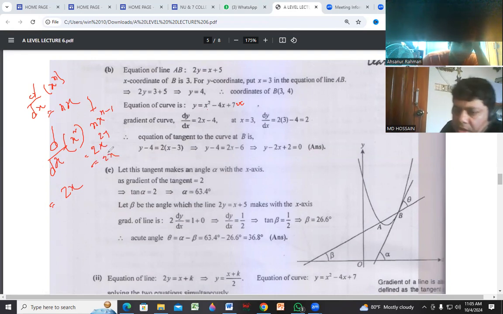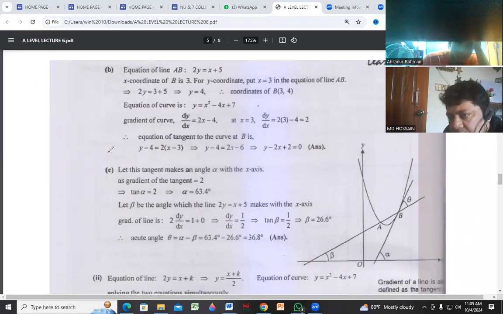Am I clear? Then you will do this math by your own hand, and try to understand line by line. If you face any problem, let me know.